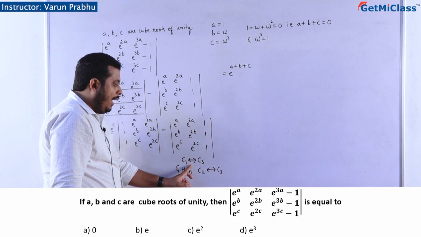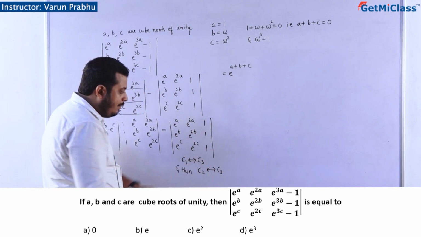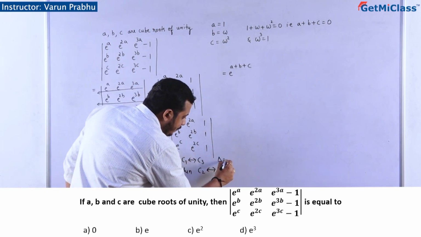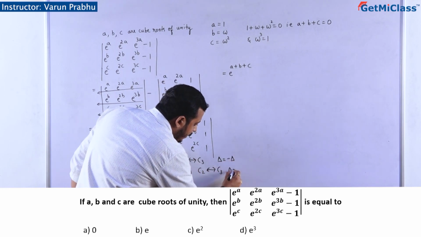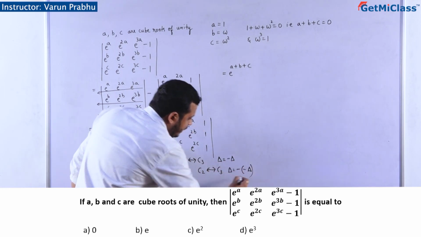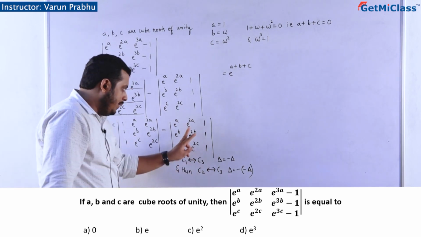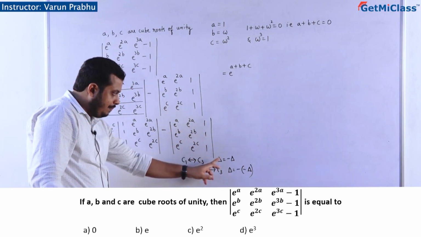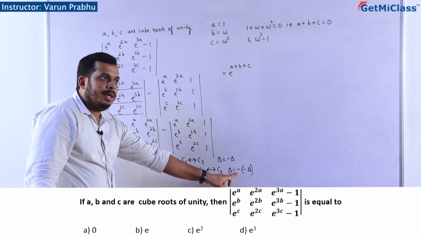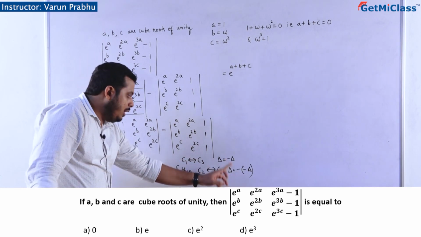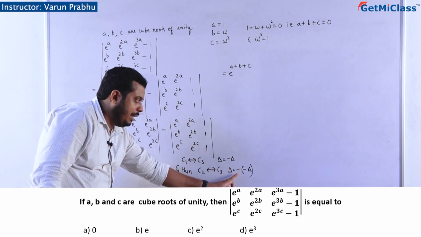Correct? So what happens to the value of the determinant? Delta will become equal to minus delta, and then delta will become equal to minus of minus delta. Yes or no? Two times we are interchanging, and each time the determinant value becomes negative. So here there are two times the value is becoming negative.